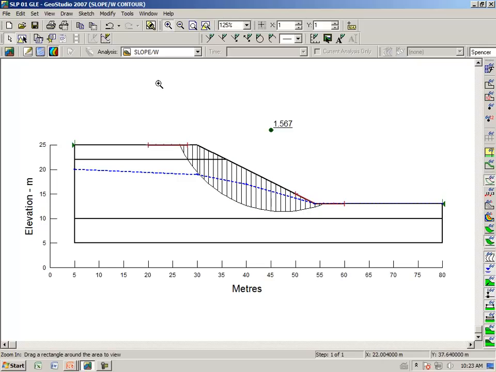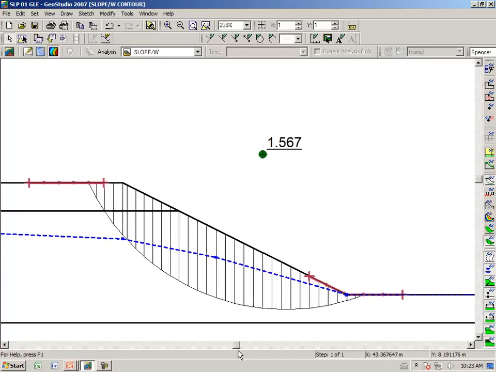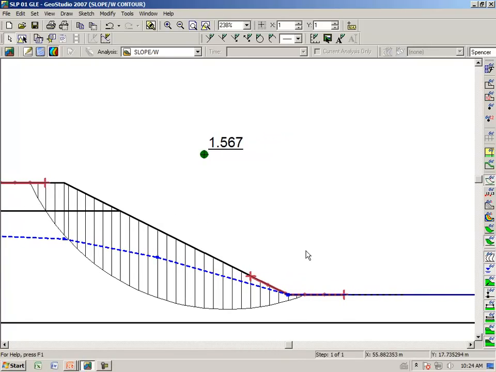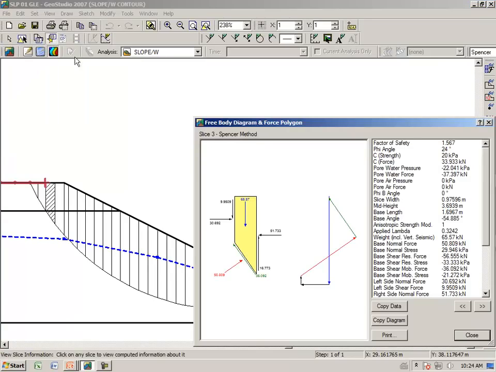I'm going to zoom in to the area of the sliding mass, slide my diagram a little bit to the left, and introduce you to a command that you will use a lot that is called View Slice Information.